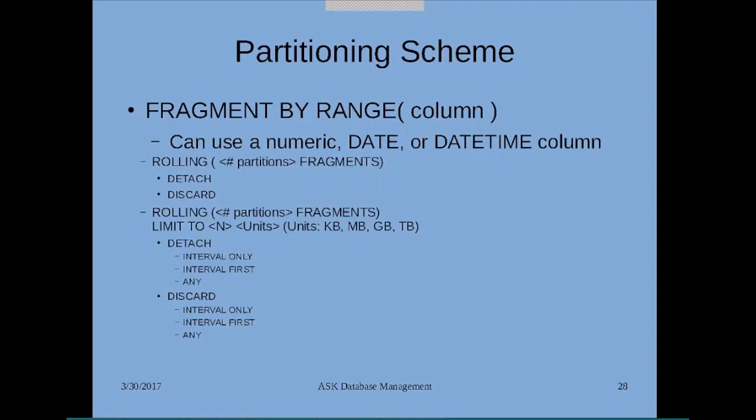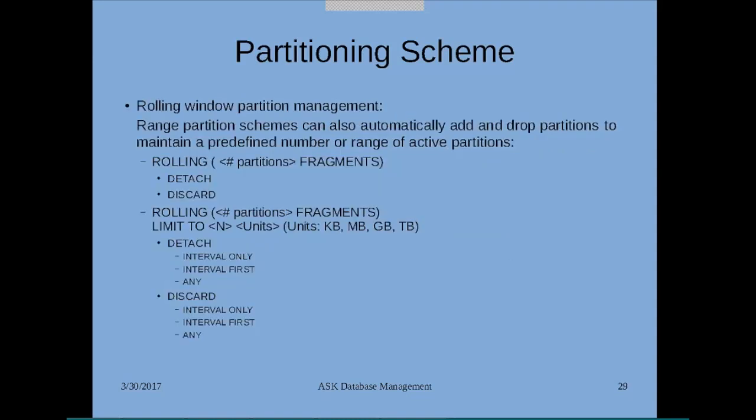Now, of course, that means the table is constantly growing. So in the later versions of 12.10, we have rolling window partition management. You can define a maximum number of partitions that you want to allow, or in addition, you can say I don't want to allow a partition to get bigger than 30 gigabytes, 100 megabytes, whatever size you want.